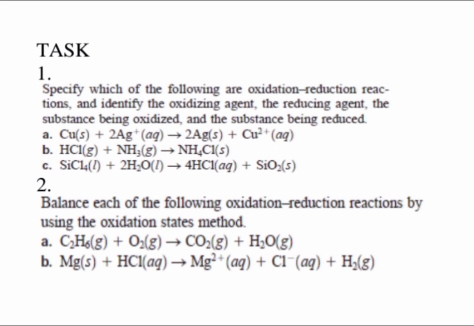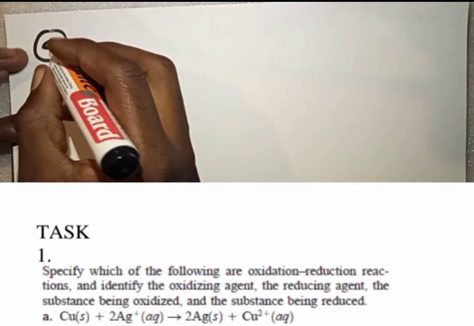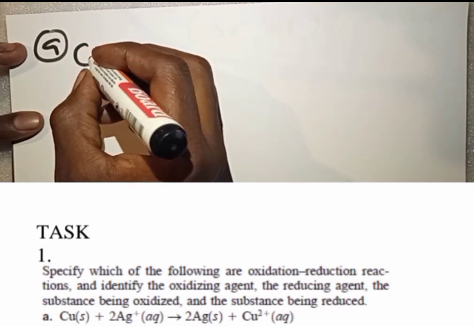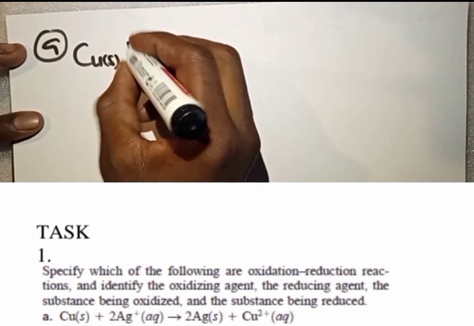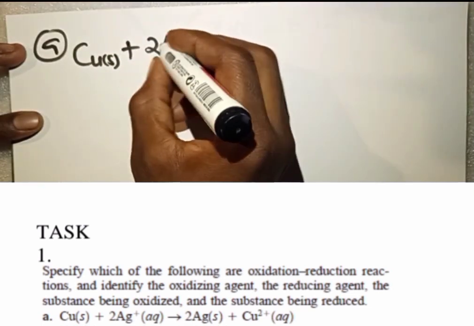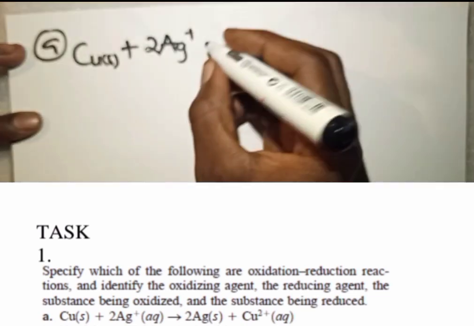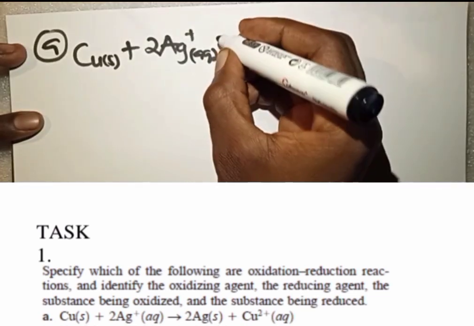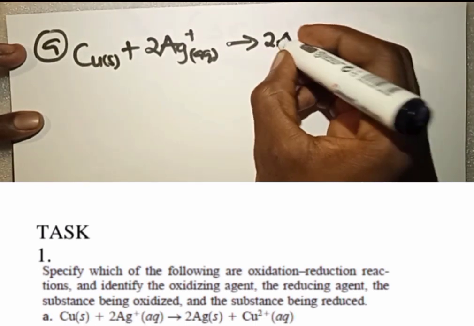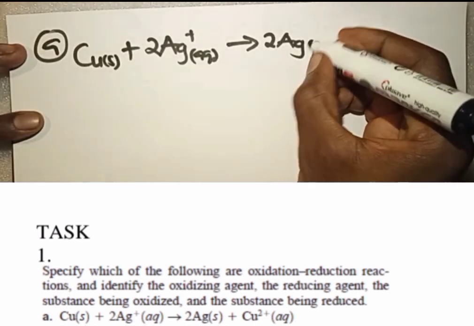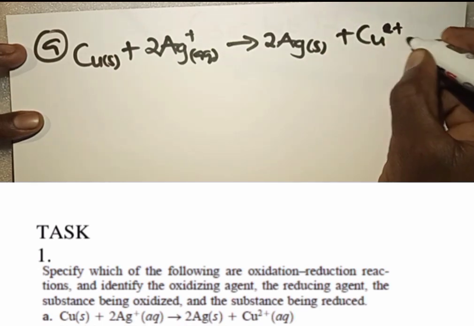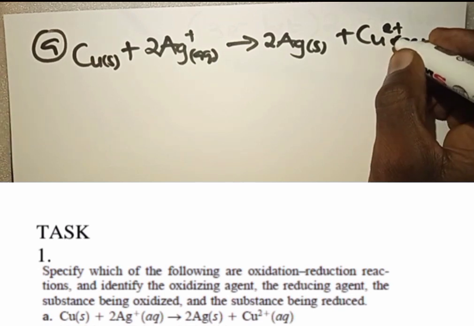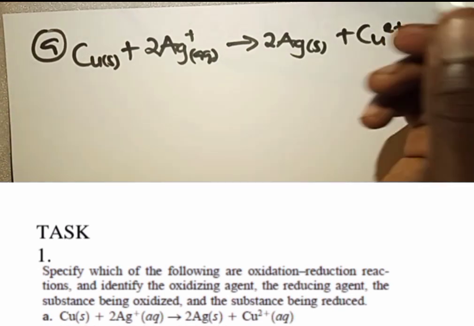So we have copper, which is a solid, plus silver, which gives silver plus copper aqueous. Is this an oxidation reduction reaction?